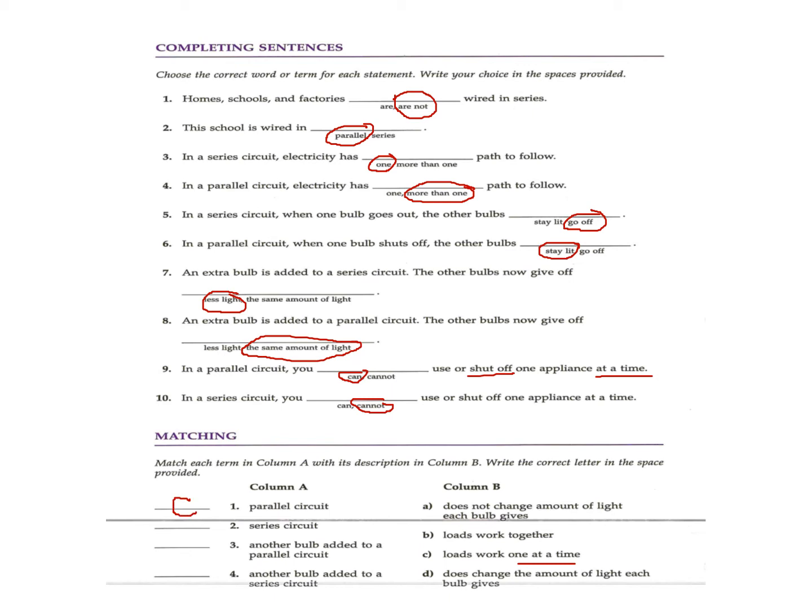Series circuit, loads work together. Another bulb added to a parallel circuit does not change the amount of light. It stays the same. Another bulb added to a series circuit, it does change. You get less light.